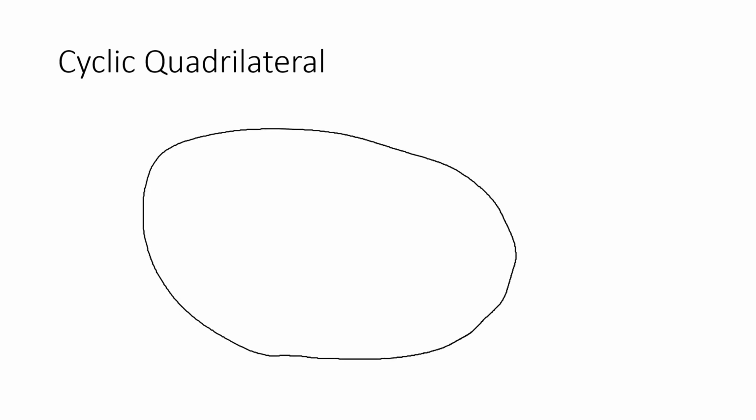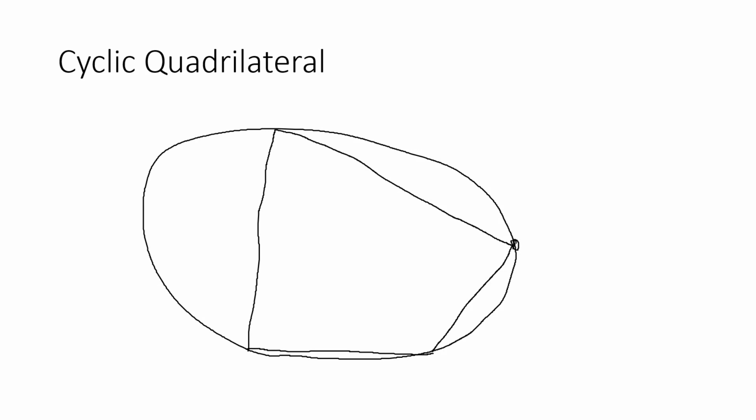Circle theorem number 2. A cyclic quadrilateral has opposite angles which will always add up to 180. I'm trying to make the best drawings I can. So again, notice how all of these are on the circumference.